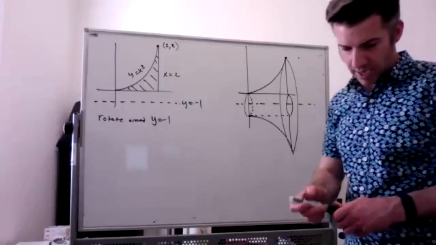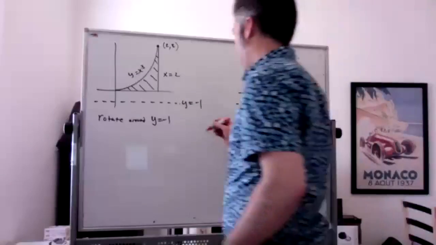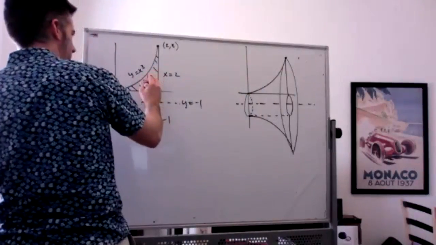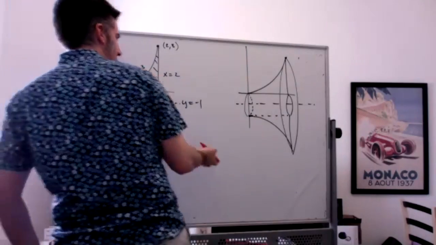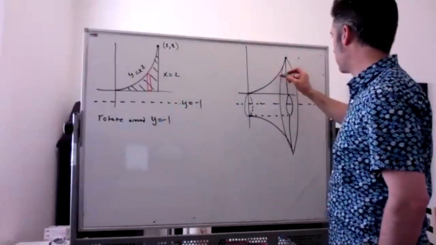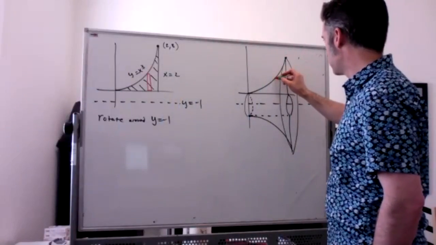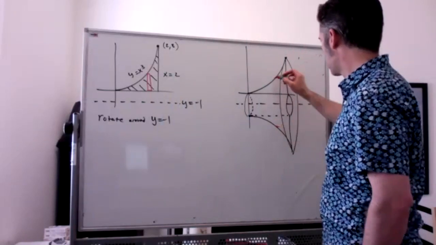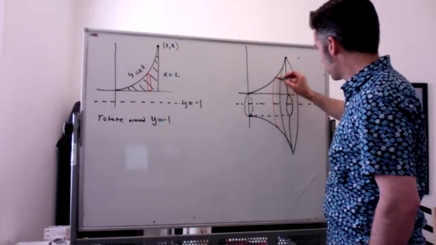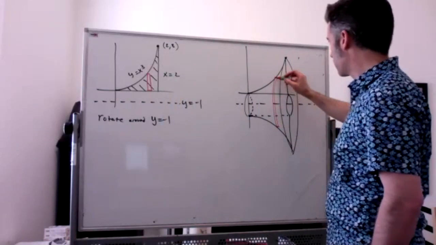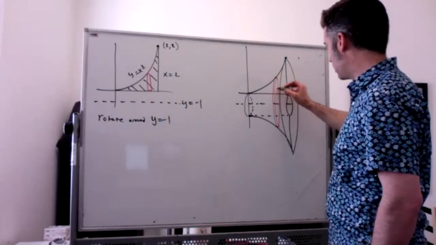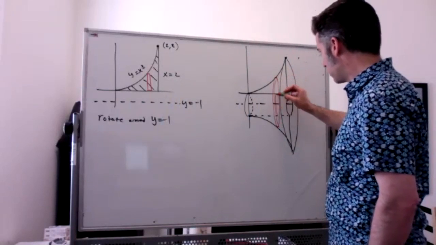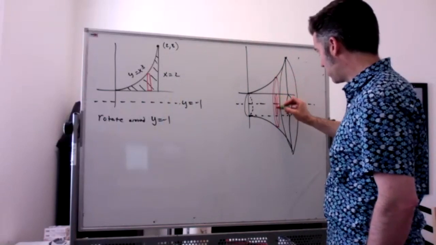So if we look at, say, our vertical strip, when we rotate it around, it's going to be missing the whole inner circle there.